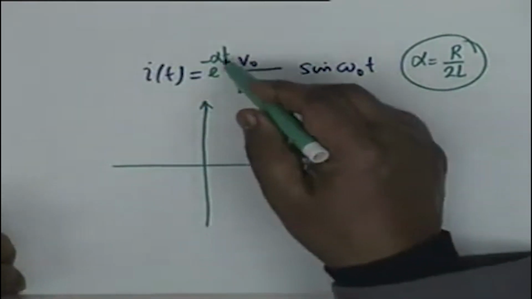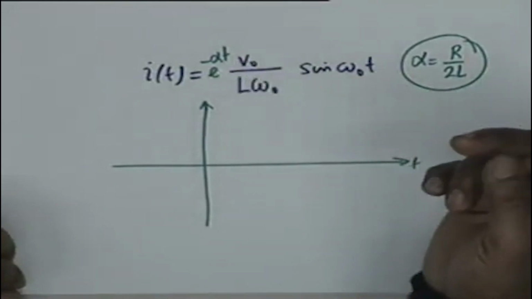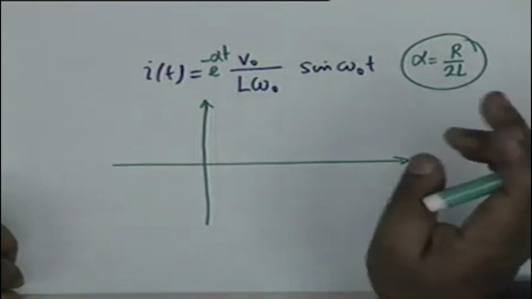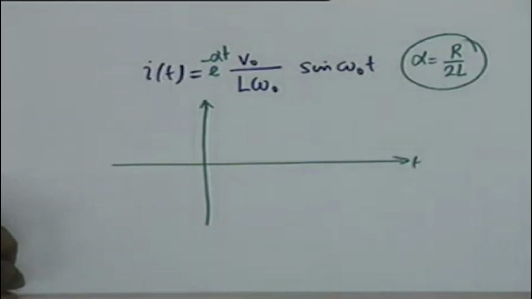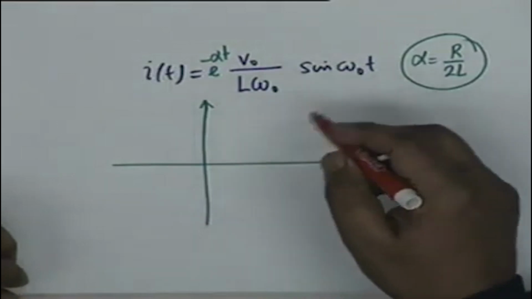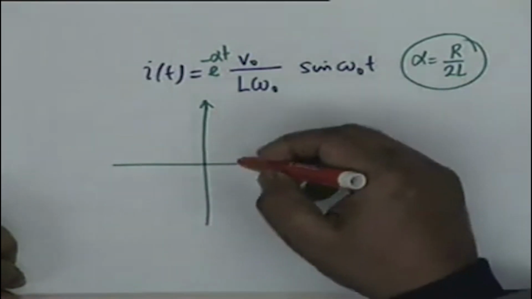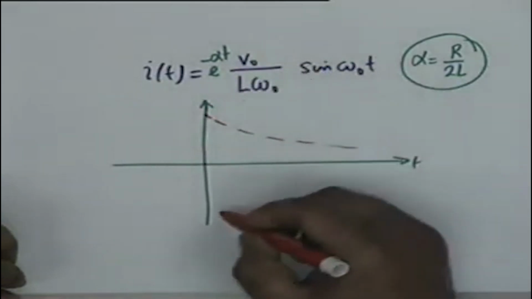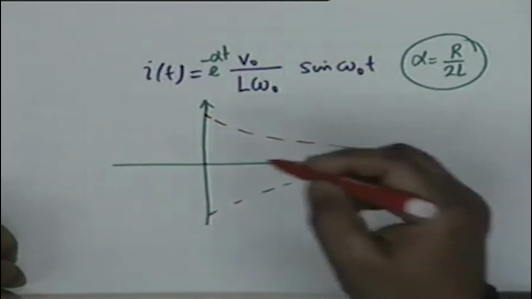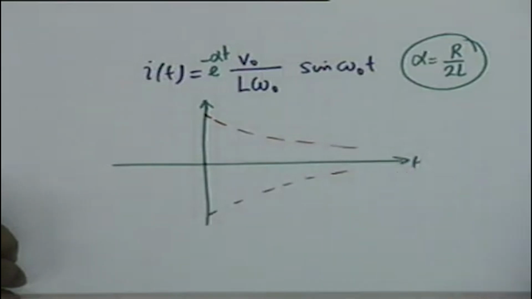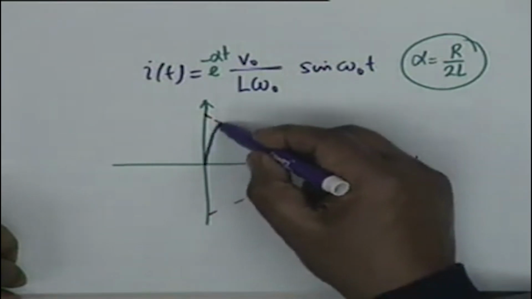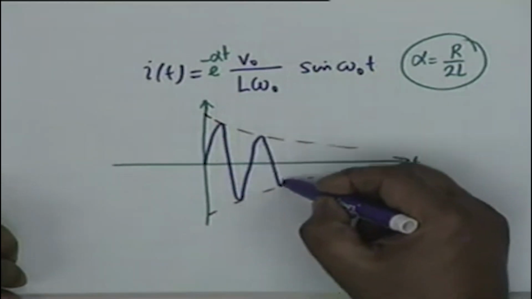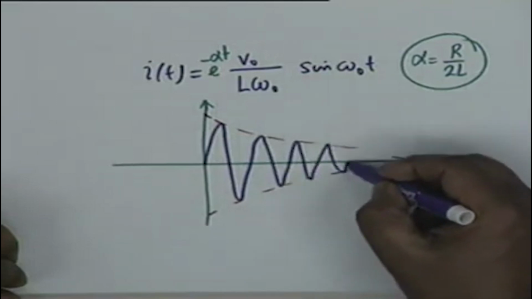On the other hand, if e to the minus alpha t is there, as time increases, naturally the amplitude of the sine wave gradually decreases exponentially, and therefore the figure that I shall get shall start from here, and then gradually, as time proceeds, the maxima and minima shall decrease.